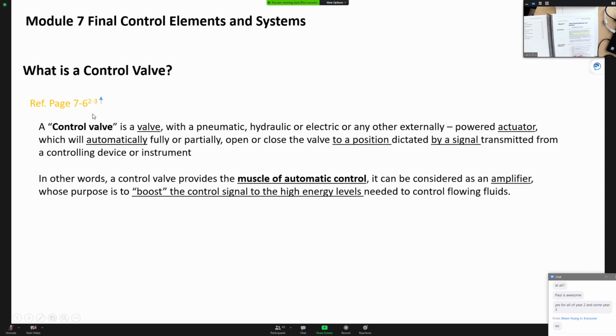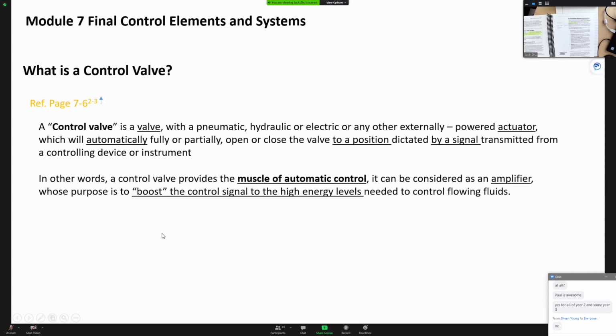The control valve, by the book's definition, in module 7 on page 6, is a pneumatic, hydraulic, or electrically powered actuator that automatically fully or partially opens or closes to a position dictated by a signal transmitted from the controller. That's the muscle of the automation control.